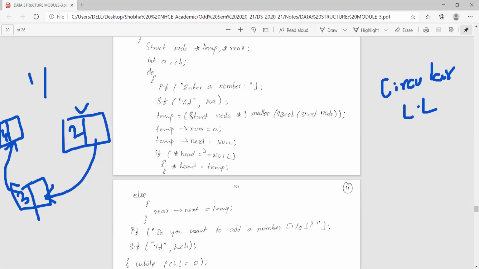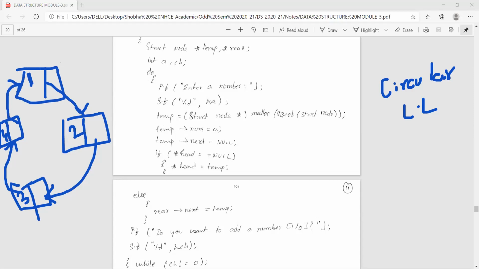And if head is equal to null, let me trace it using the same four-node example. Initially head was null, right? So when I enter the first value, I enter 1 and scan it, and in this node I keep the value 1.